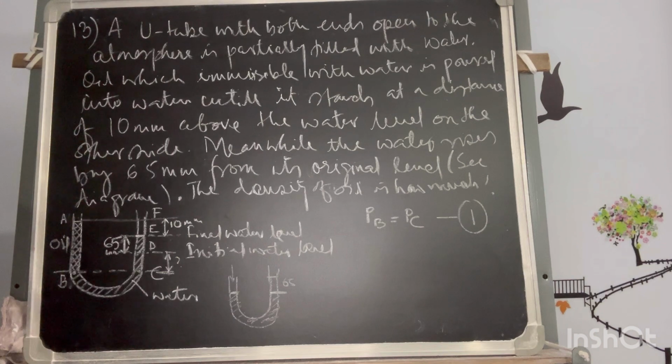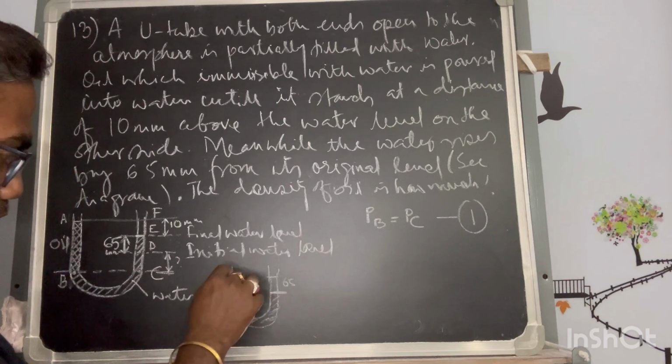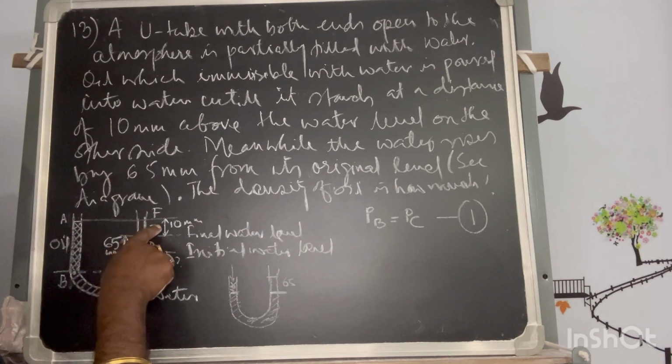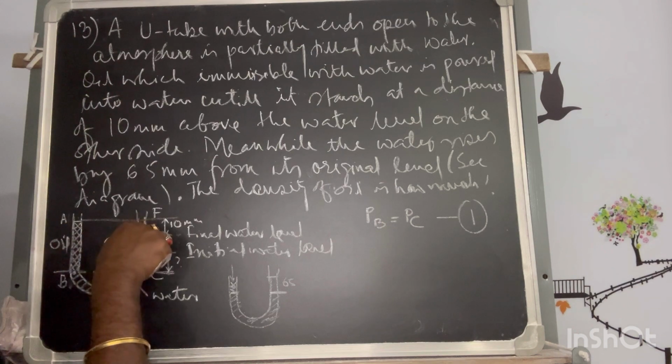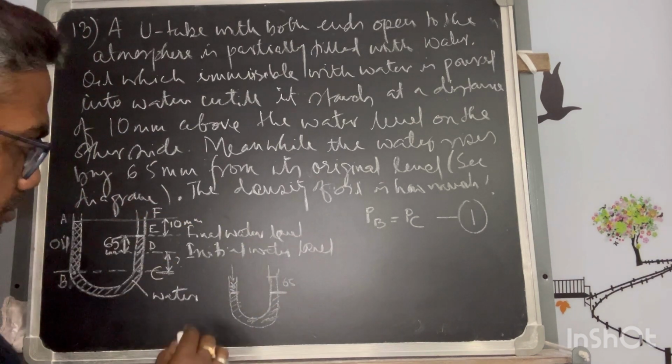As the oil is replacing water on the other arm, it is poured in such a way that the final steady state condition happens when the difference of the levels is 10. Then I will stop.